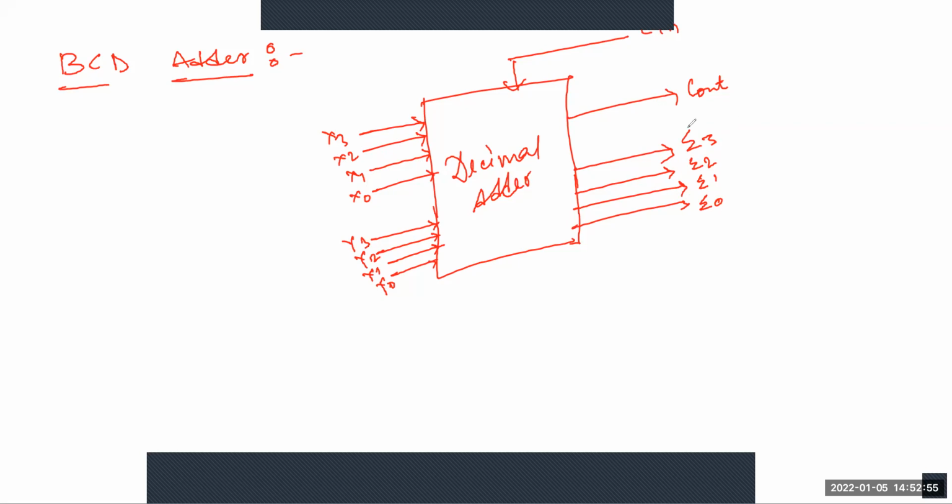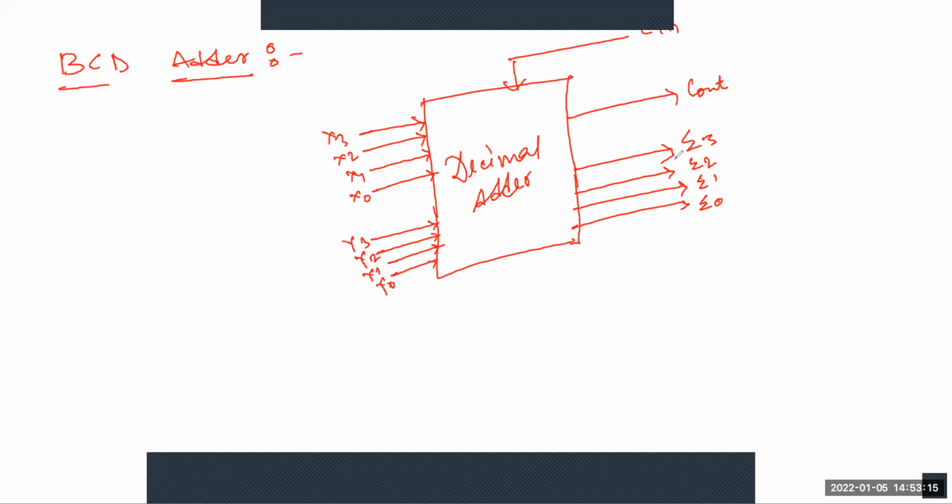So here the sum digit means sum 0, sum 1, sum 2, and sum 3. And one thing that you already know in the concept of BCD, a BCD adder must include the correction logic in its internal construction.